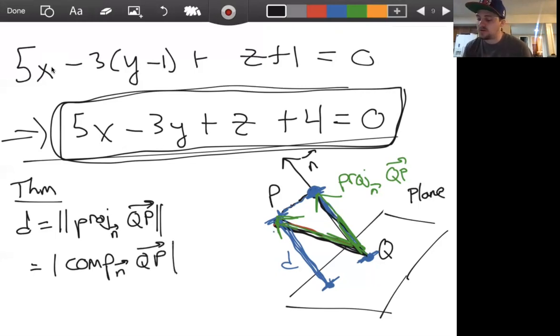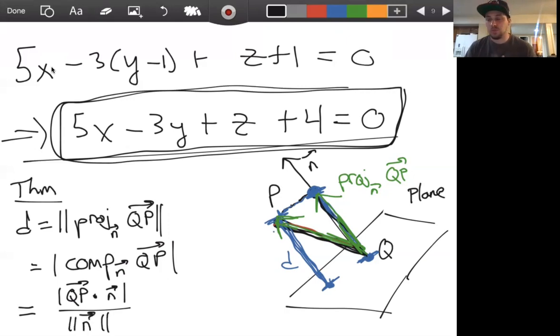The magnitude of vector projection is scalar projection. And we can find a formula a little more rigorous for this if we unpack what the scalar projection is. Well, it's the absolute value of QP dot N over the magnitude of N. And so we can use this formula to calculate the distance between a point and a plane.